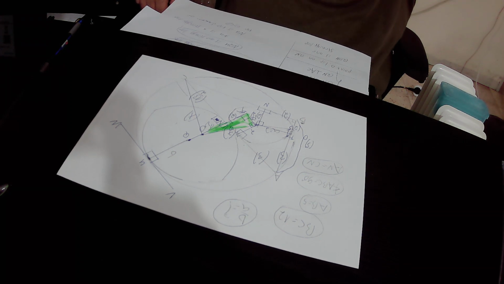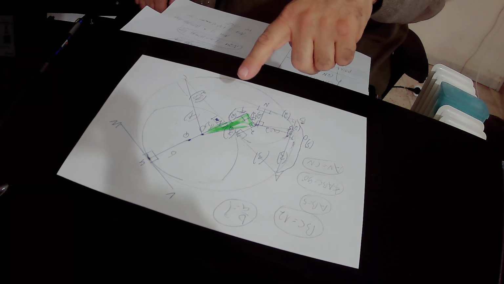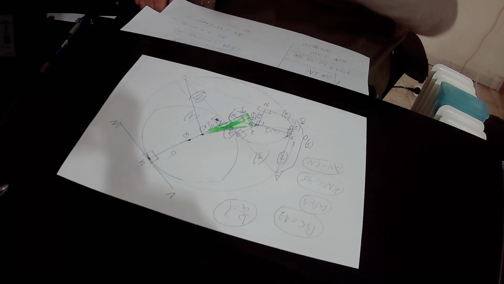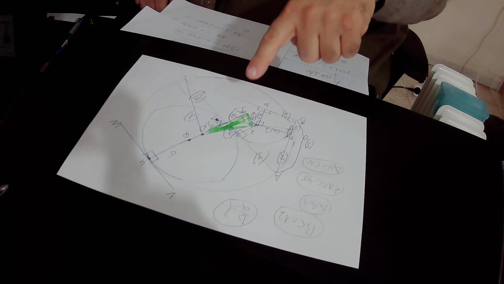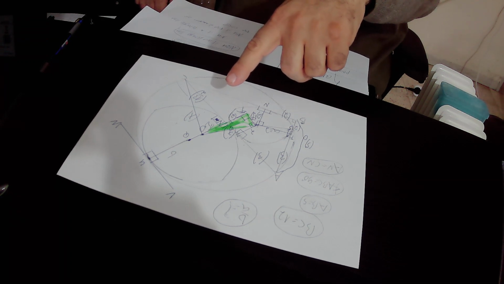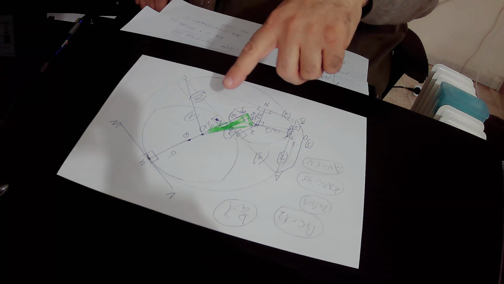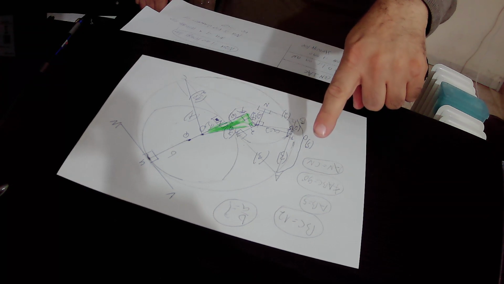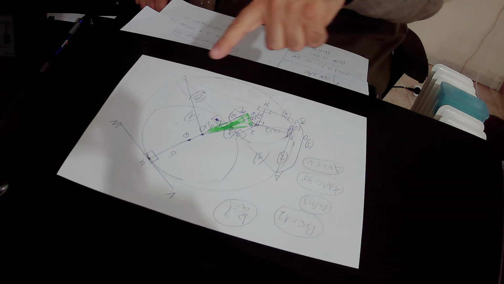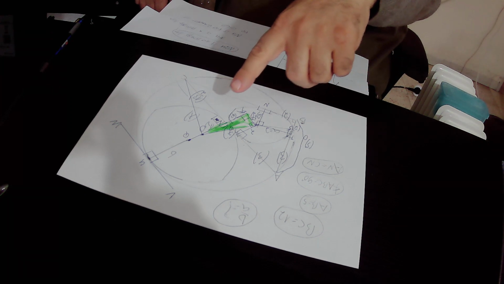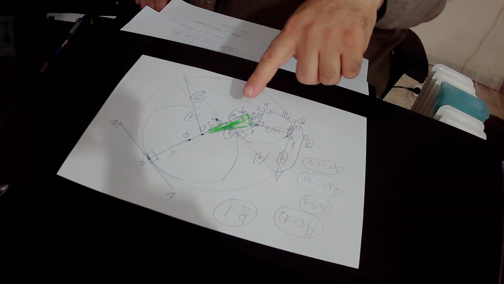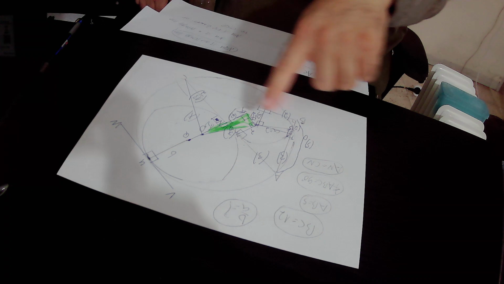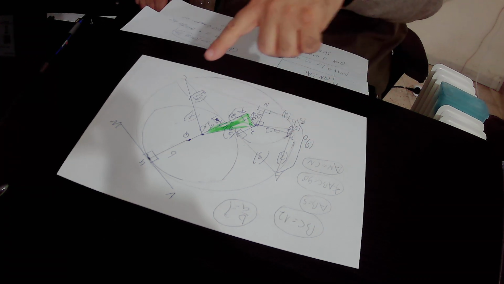Okay? If point O doesn't lie on QN, then ON will not be perpendicular to AC. Why? Because at point N, the radius QN is perpendicular to AC.